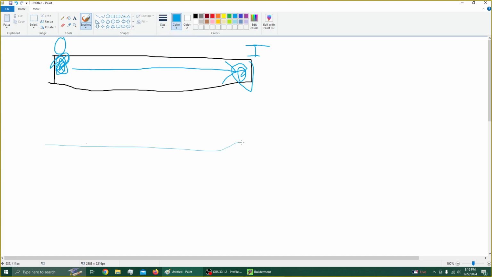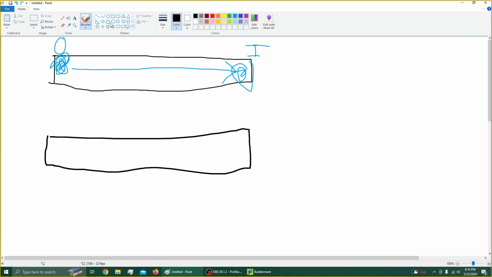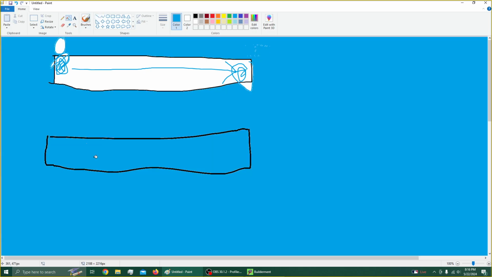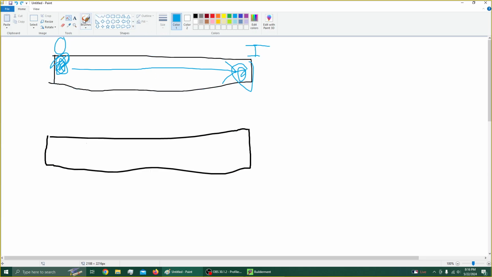If I were to draw it out, the pipe is always filled with water.